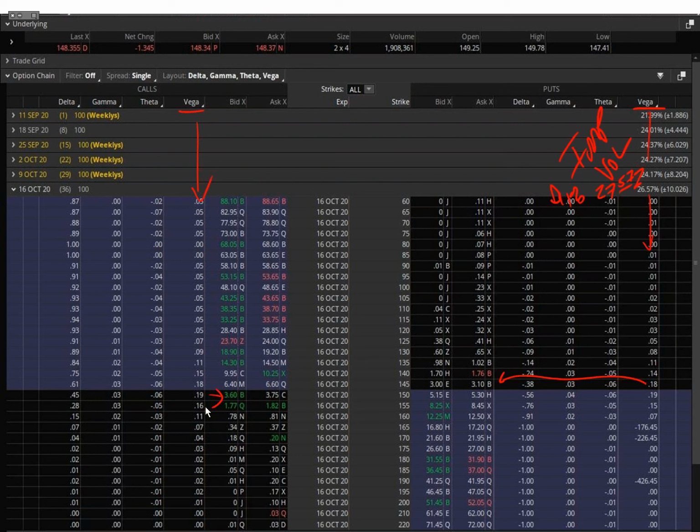Okay. So we can see that happen. That's why it's important to understand where volatility is in relation to this underlying. All right. That is one of the major things that we're going to be looking at when trading options, because we want to try to avoid volatility blowing up on us. We can't always have that happen. In this case, it even happened to a guy who traded for 25 years.